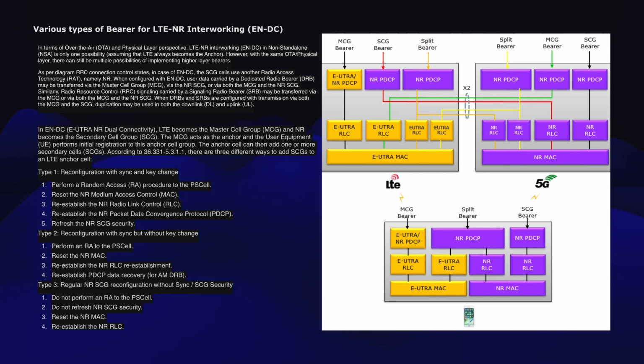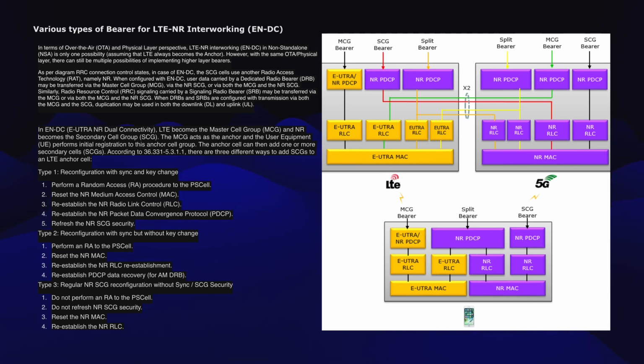The MCG acts as the anchor and the user equipment UE performs initial registration to this anchor cell group. The anchor cell can then add one or more secondary cell groups, SCGs.